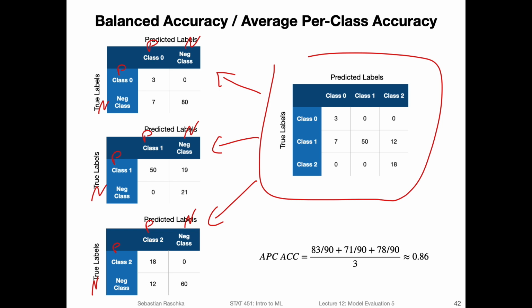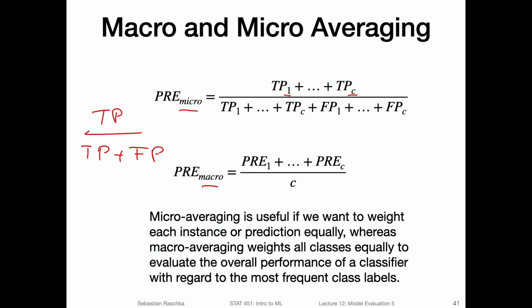So here now we have the true positives like this, and then the false positives like this. And for each case we can then compute the true positives and false positives. So in this case this would be TP1, TP2, TP3. And this is where these numbers come from. So we can compute the true positives for class 1, class 2, and class 3, if we have 3 classes, for example. And then compute the precision by dividing it respectively by the true positives and also false positives.